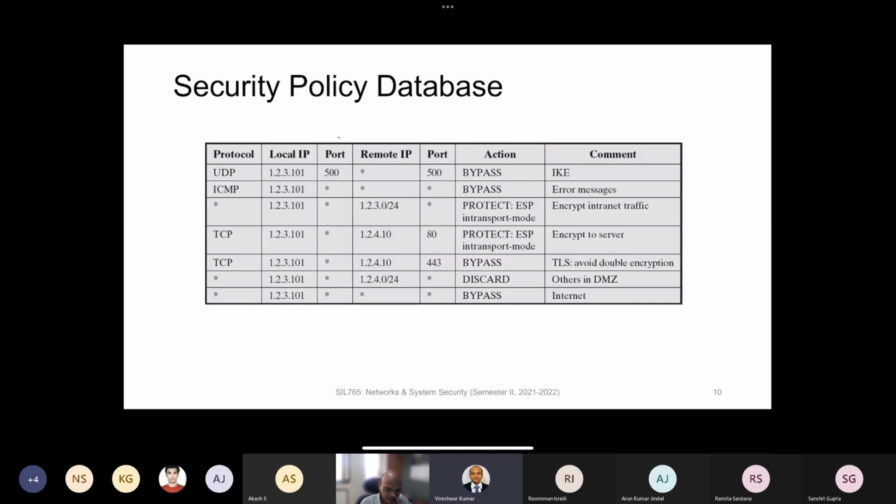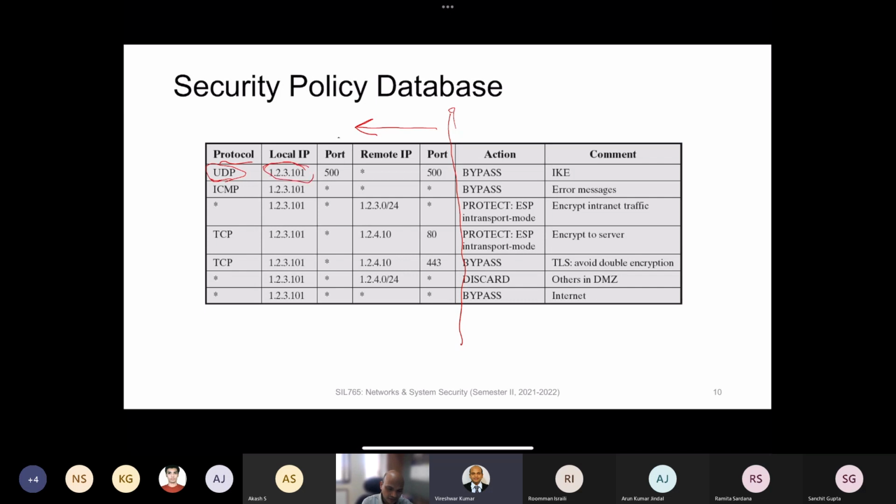And then if you look at the security policy database, as I said, different packets will be processed differently. So all that information in the columns on the left side of this line are the properties of that packet. For a particular packet, you might be utilizing UDP.